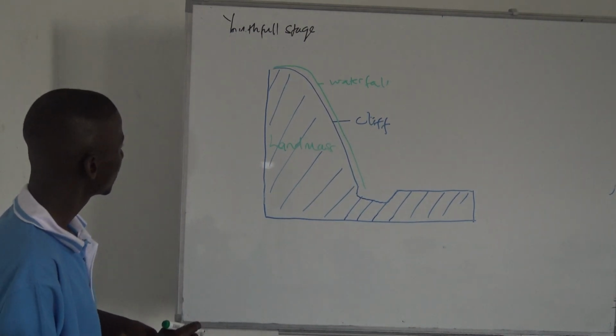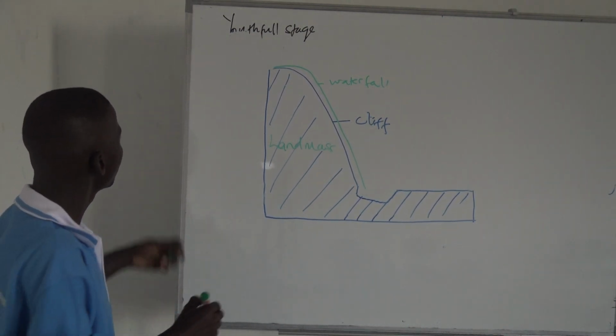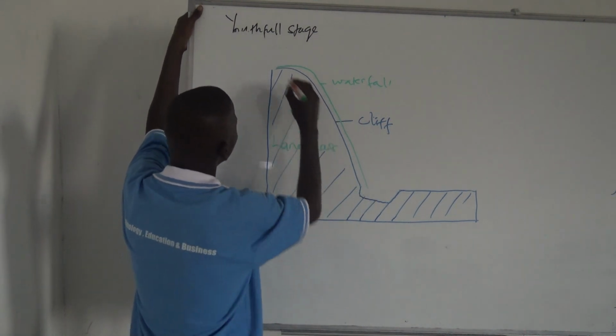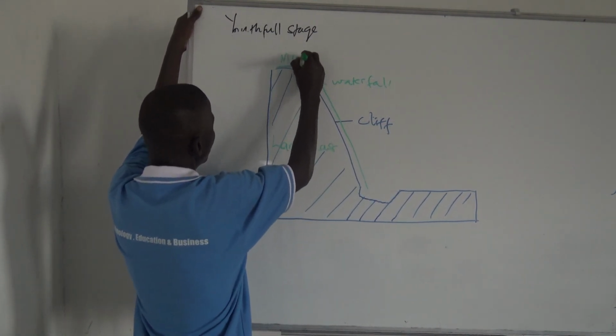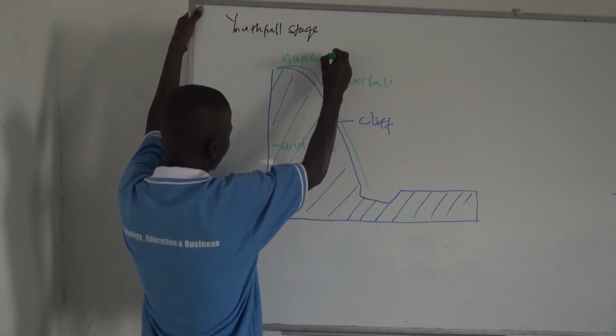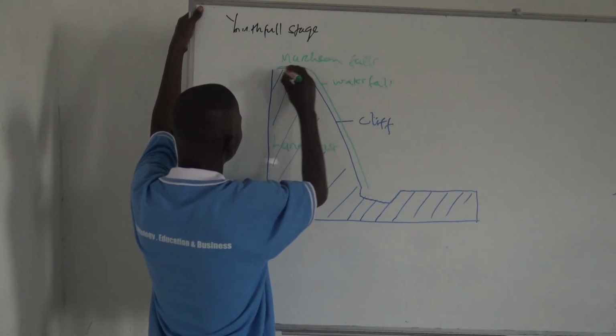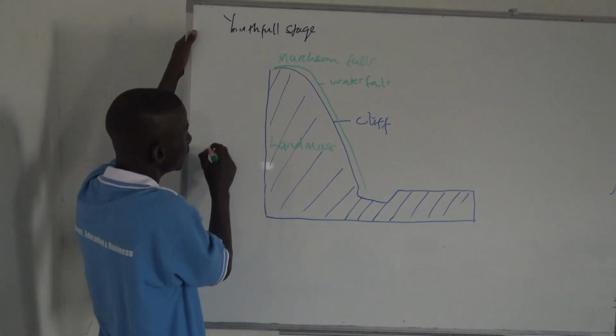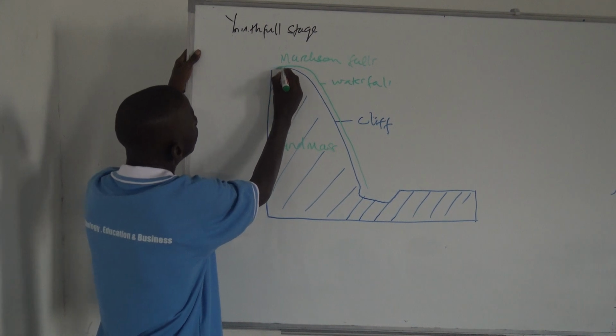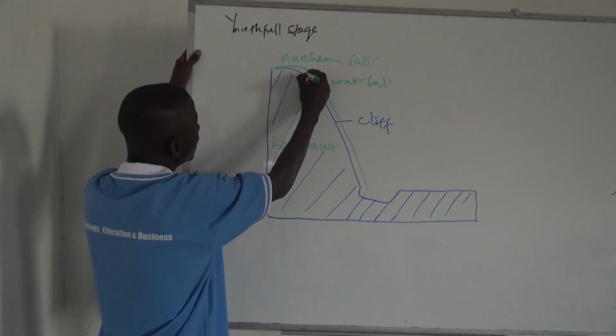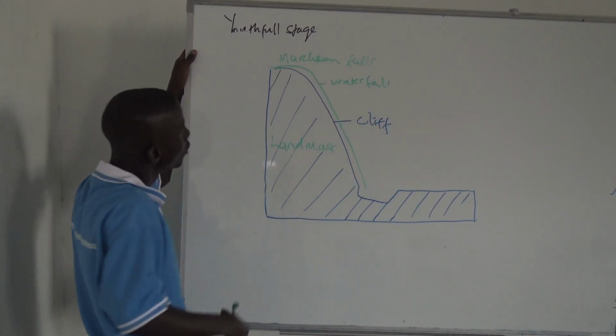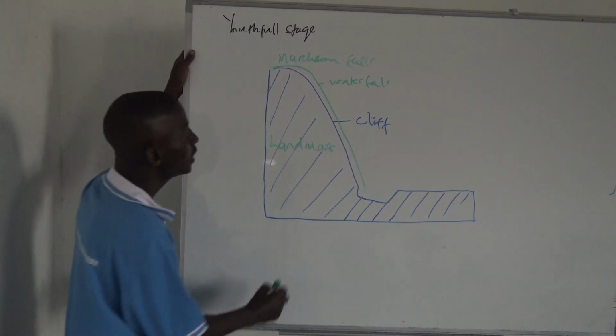Now, say for example, Murchison Falls. The river is flowing from this direction. It meets a very steep slope here and begins to fall.